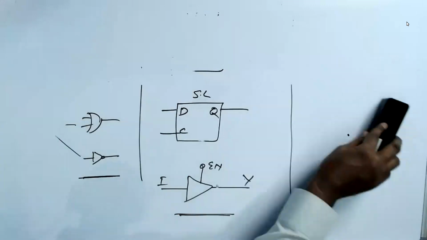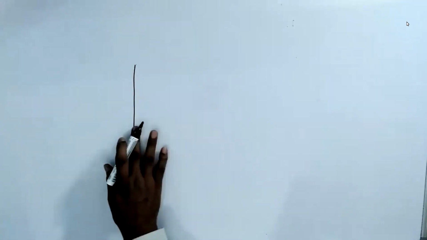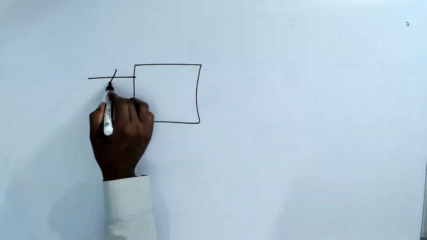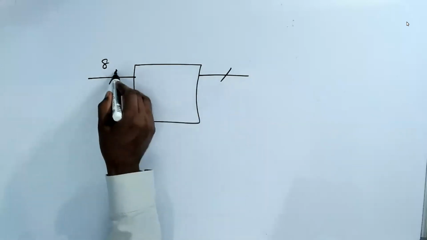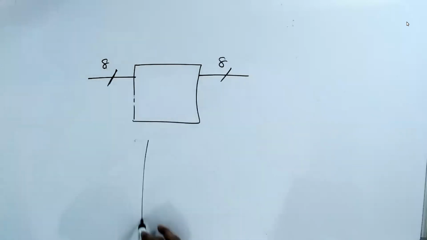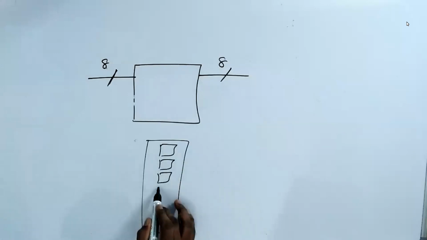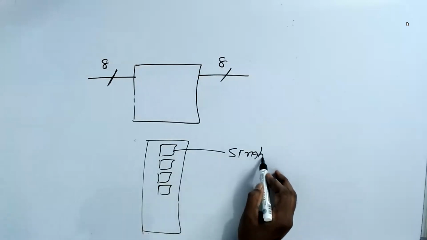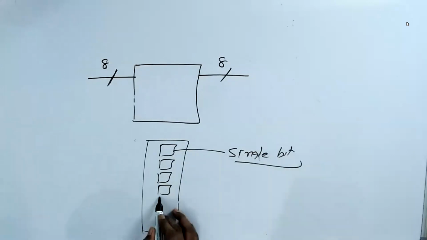Now let us take what we discussed in the last class. I take a simple D flip-flop, but with 8 wires, 8 bit. That means if I draw the /8, internally I have 8 single-bit D flip-flops.